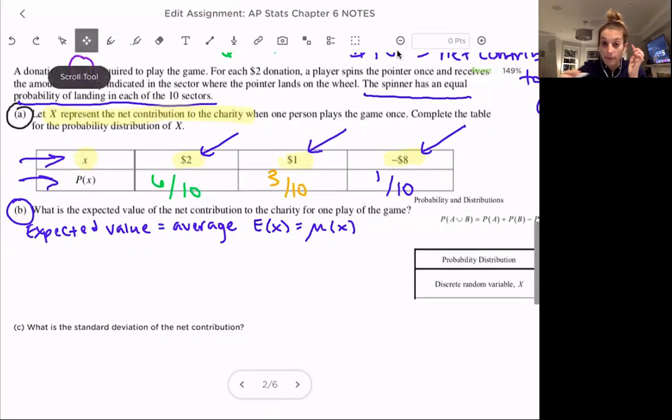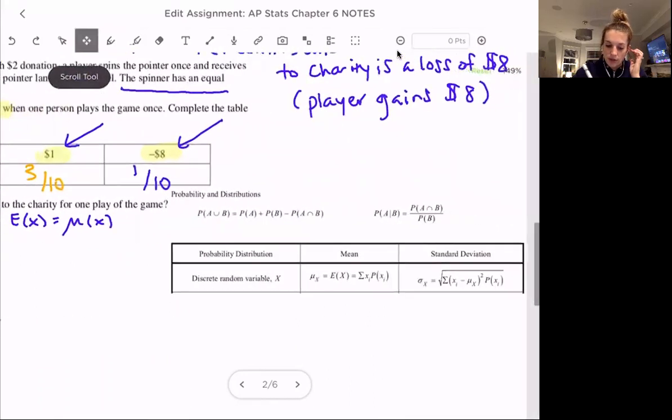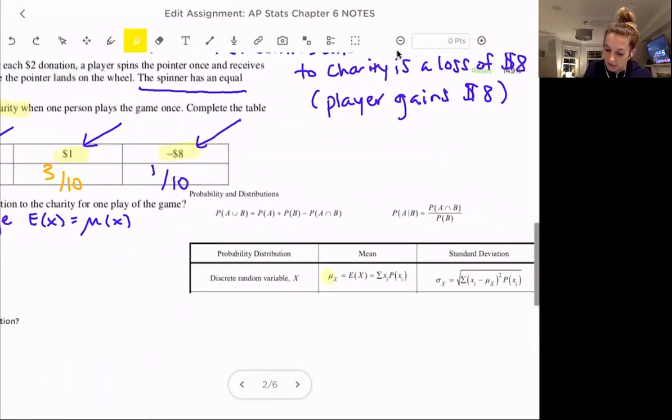Let's take a look at the formula for expected value. This is actually the formula that you are given on the AP Stats exam, all right? It's right on the first page of the 6-page formula sheet. And so it tells you that to find the mean of a discrete random variable, and in the case of the spinner game, this is a discrete random variable with 3 possible outcomes, $2, $1, -$8, right?